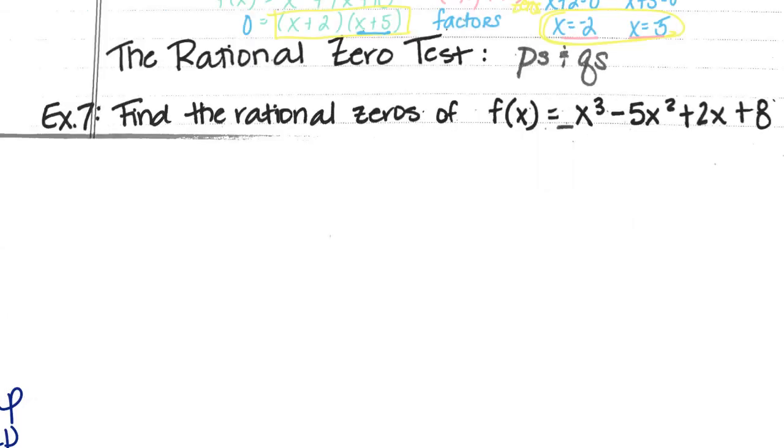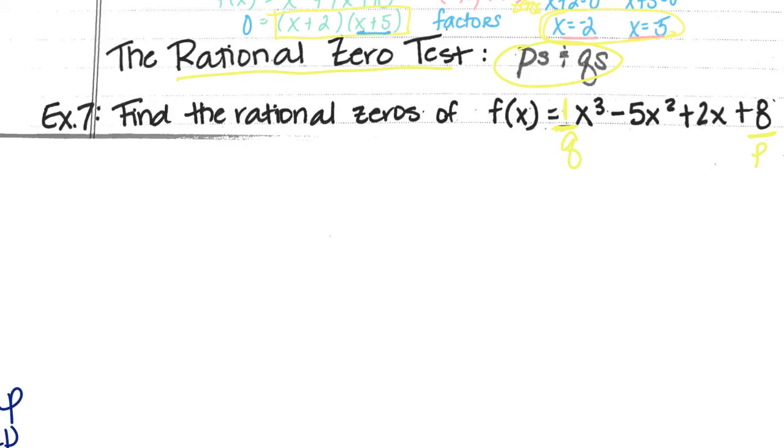So here's where it gets really tough. Hopefully you have a good Algebra 2 background. We called these the P's and Q's. The P's and Q's, where the last number, all the factors would be the P's, and the first number, that's why I had it underlined, in this case it's just a 1, would be all the Q's. So they're telling us to find the rational zeros of f of x equals x cubed minus 5x squared plus 2x plus 8.